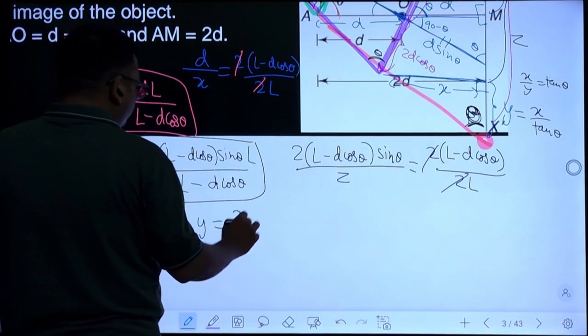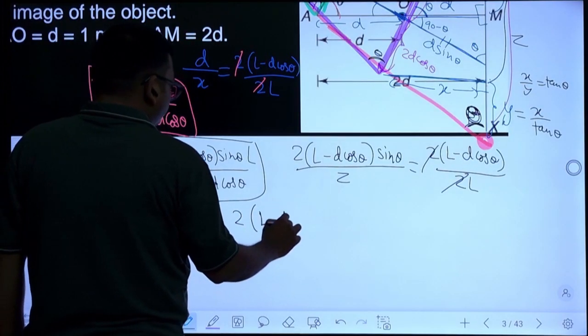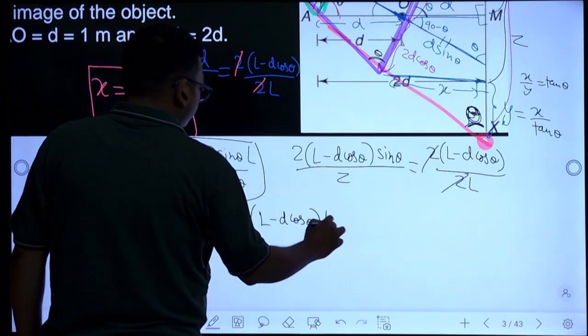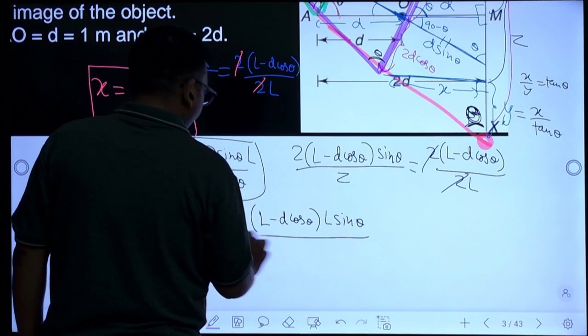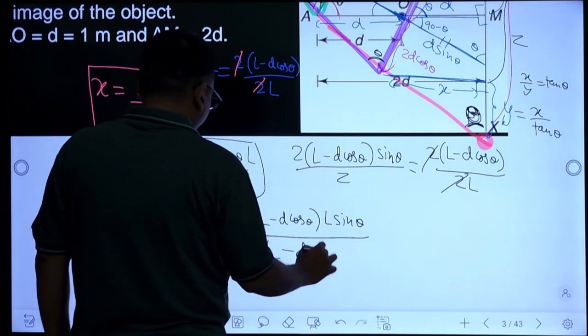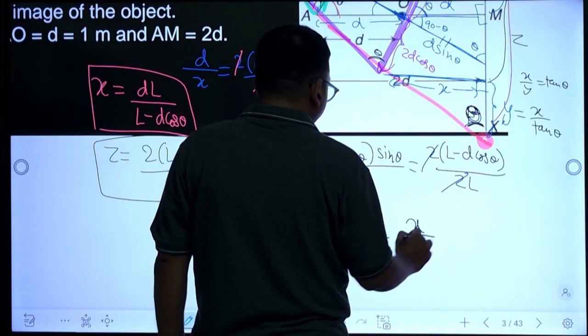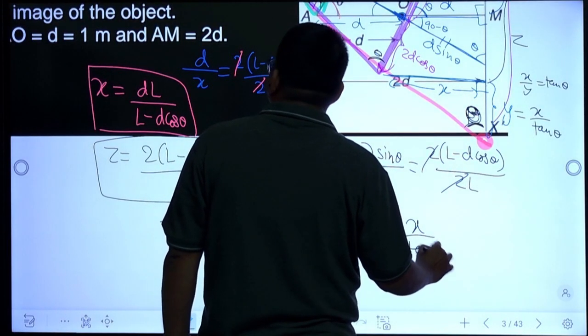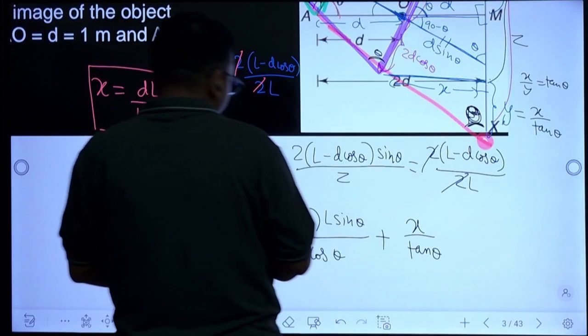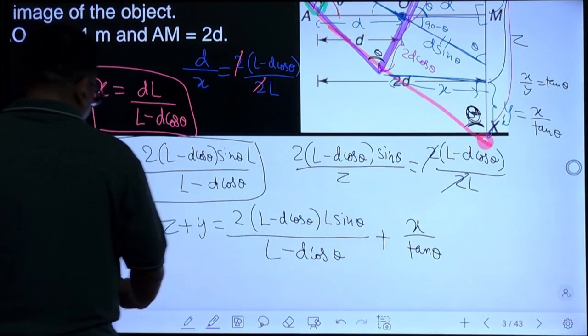So z already we have calculated, 2L minus d cos theta into L sin theta divided by L minus d cos theta, plus y. Y is what? X by tan theta. And x already we have calculated. What is x? X is this. So we can substitute x and try to simplify this.